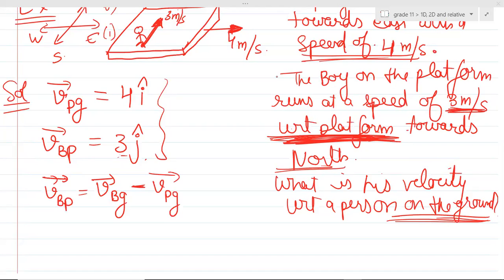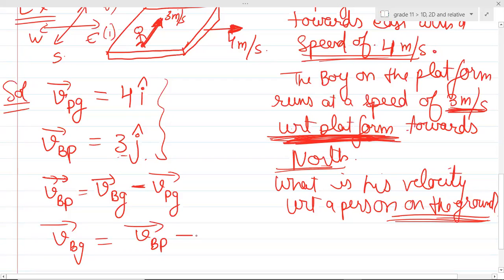So can you see the velocity of boy with respect to ground will be velocity of boy with respect to platform, sorry, plus the velocity of platform with respect to ground. Yes or no? So can you see, from the platform, if you are coming to ground, hence you are adding the platform's velocity in the formula.